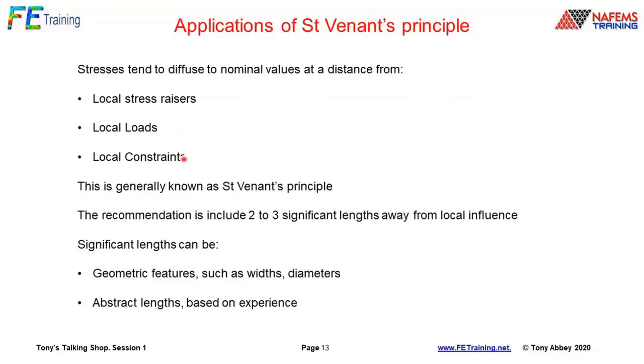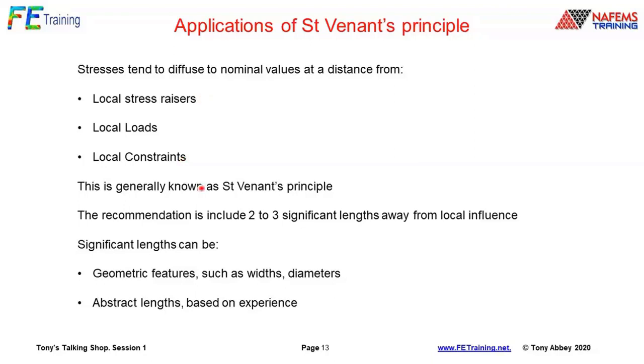So loads and constraints are really what Saint-Venant is talking about. He's actually talking about loads, but we can talk about constraints. I can also extend it to local stress raisers. We have a disruption of the stress flow in a local feature. As we move away from that, we get the same kind of effect. Saint-Venant didn't really talk about that, but I think with common sense, we can apply the idea to stress raisers.